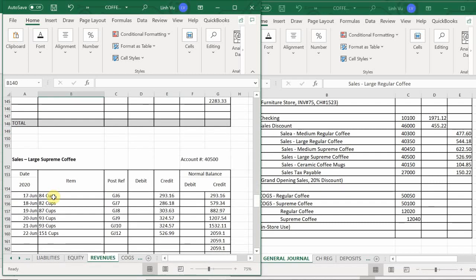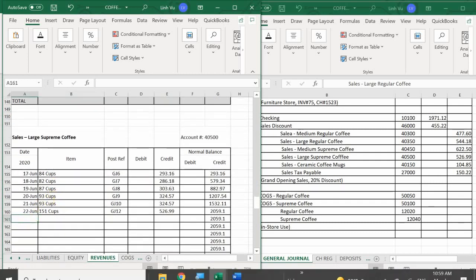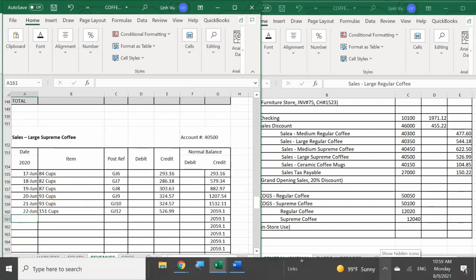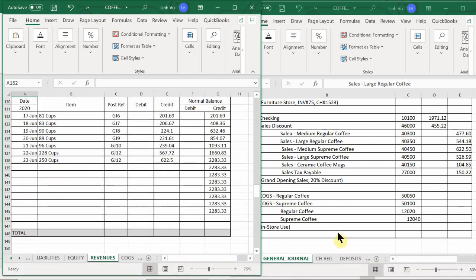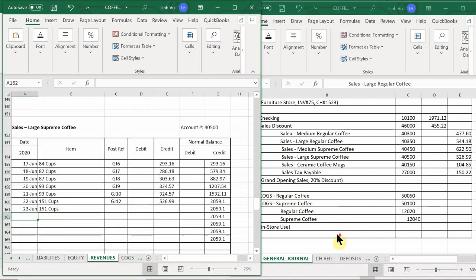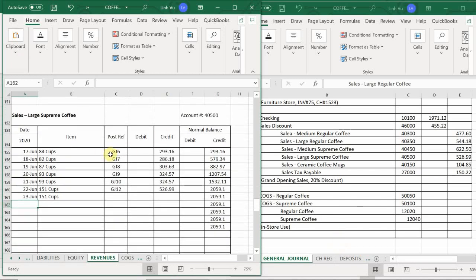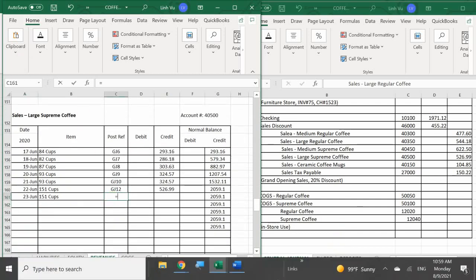Then we have our large supreme coffee. I believe we sold another 151 cups. Oops, we're on the 23rd, not the 22nd. Did I fix? Yes. Okay. Here we are. Same thing, General Journal number 12.